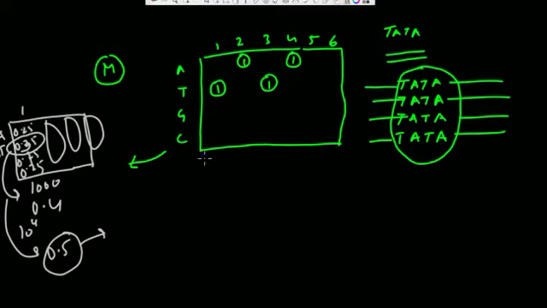So the simplest way is you look at the first column and find out what is the max value here, right? And the same way you do for the second column and find out the maximum value in this column, and so on. In this case, it's just going to be 1, 1, 1 here, but let us say at the fifth and sixth positions these values were different.